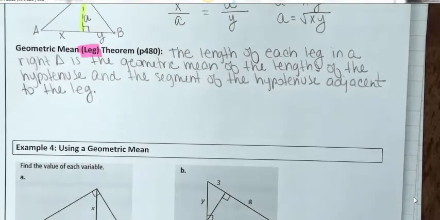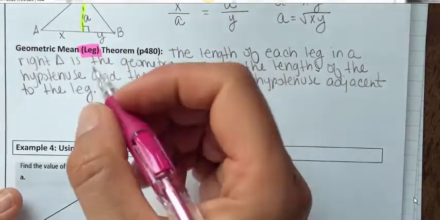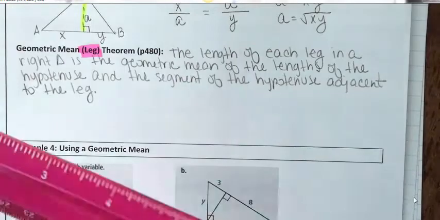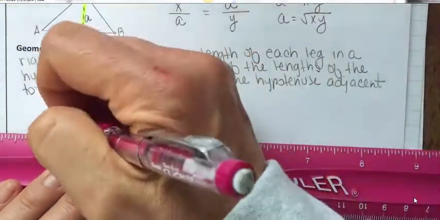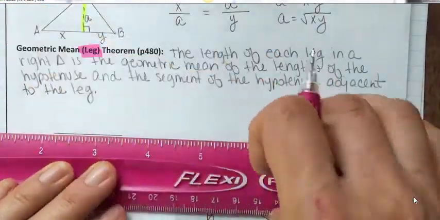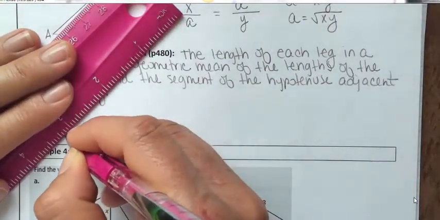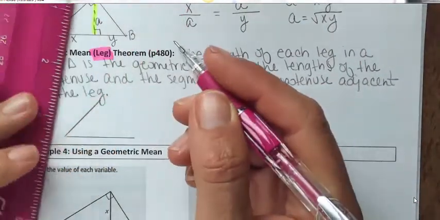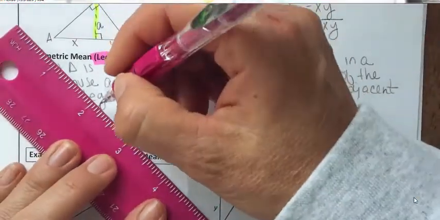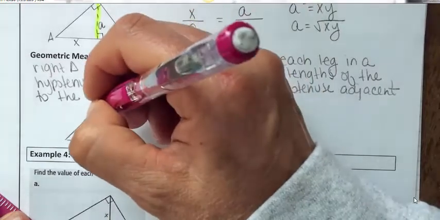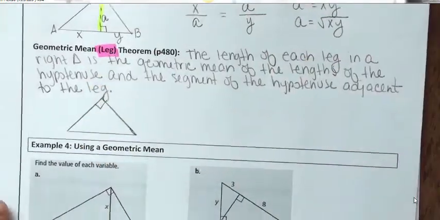Okay, I'm going to draw another picture of this. So another right triangle very similar to that one. We're going to pretend like that's a right triangle, even though it doesn't look like one.